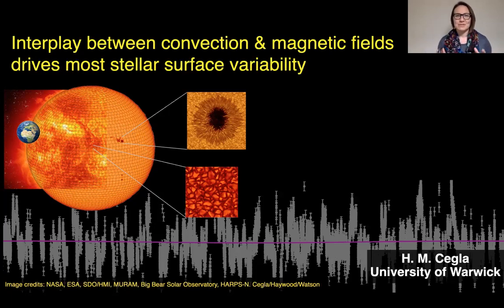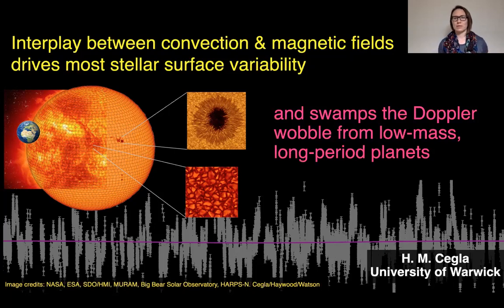So here's, if you haven't been paying attention or you've fallen asleep, the real key take-home message for you. The interplay between convection and magnetic fields drives most, if not all, of the stellar surface variability. And that completely swamps the Doppler wobble from a low mass, long period planet. Again, this plot you've seen a few times here; this was shown in yellow earlier, but now I'm showing you here in gray.